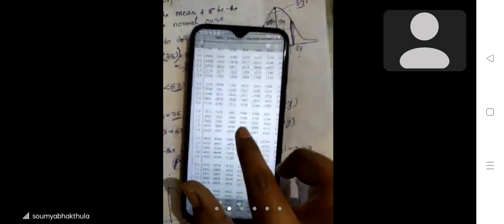Did you understand how I am taking? Yes, ma'am. So this is not the z value. Don't consider these values here because this is the area, right? So you have to take the values of z. That is the difference between the previous problem and this problem. I hope it is clear to you all. If you have any doubt, you can ask me.